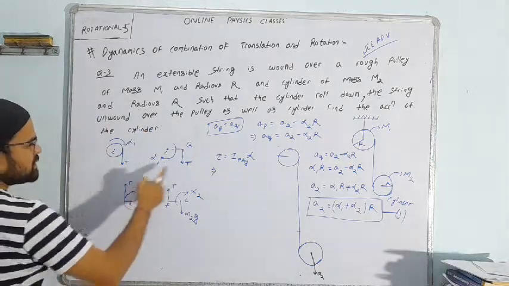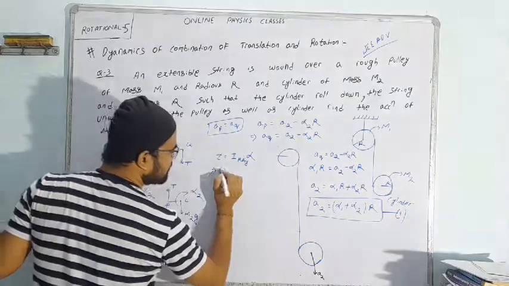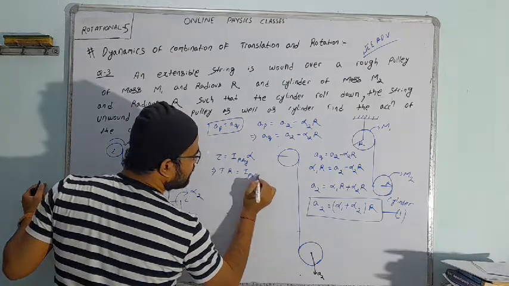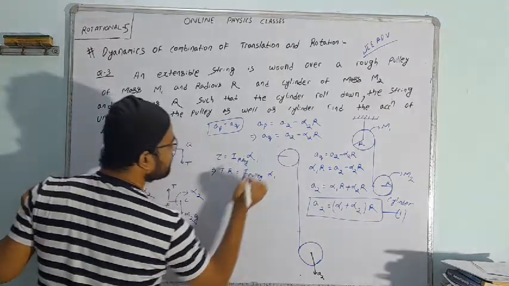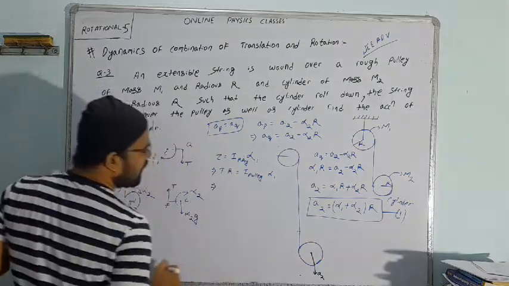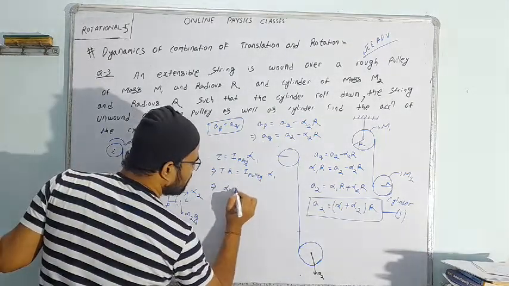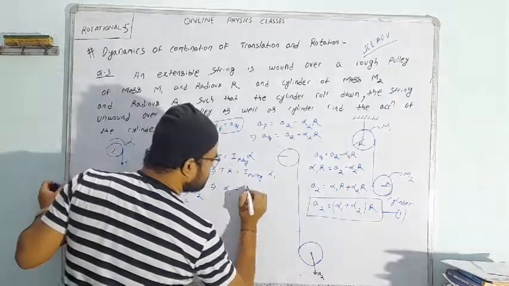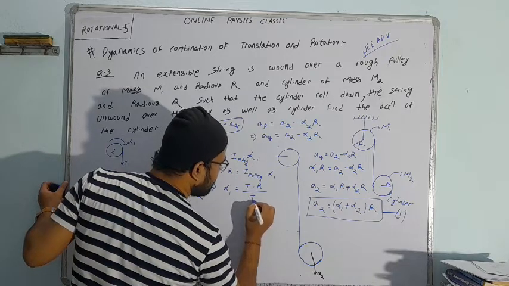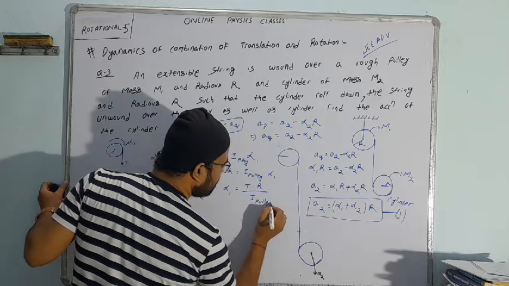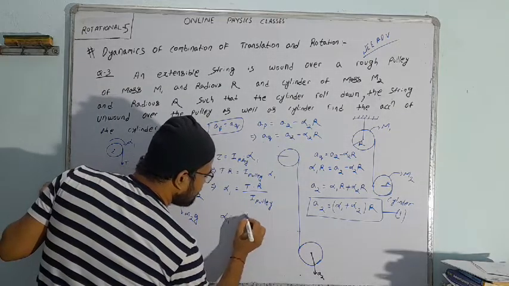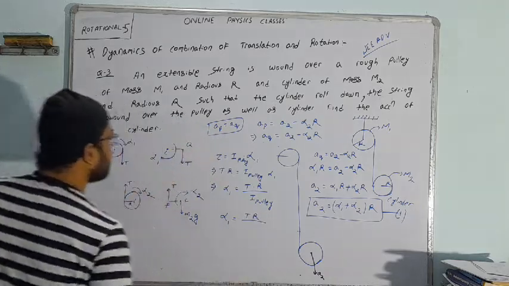Tau is torque, that is T into R. We can say T into R is equal to I of pulley into alpha 1. If you solve, what is the value of alpha 1? We get alpha 1 is equal to T into R by I of pulley.